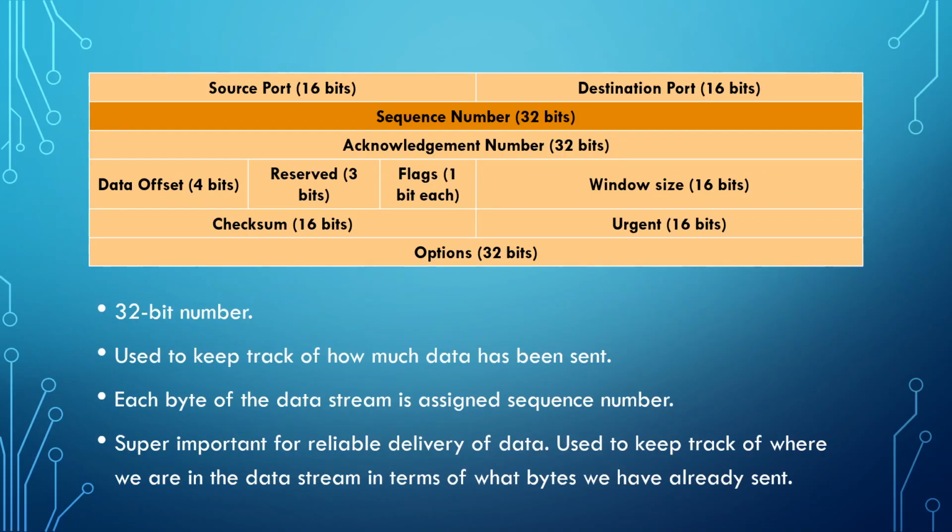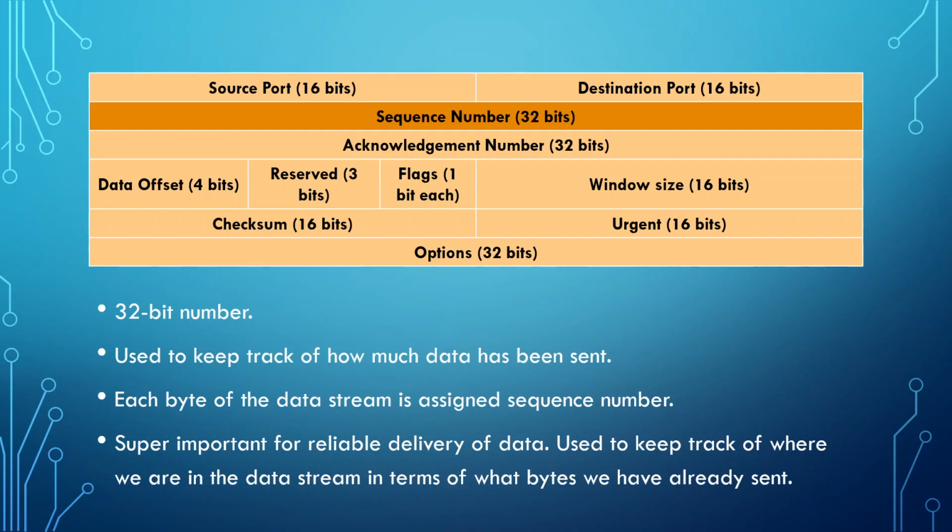Then we have the sequence number, which is 32 bits in length. It's a 32-bit number, and it is used to keep track of how much data has been sent. Essentially the application is not going to give a whole chunk of data to the TCP protocol. The way that it works is that the application will actually send one byte of data at a time down in a data stream to the TCP protocol.